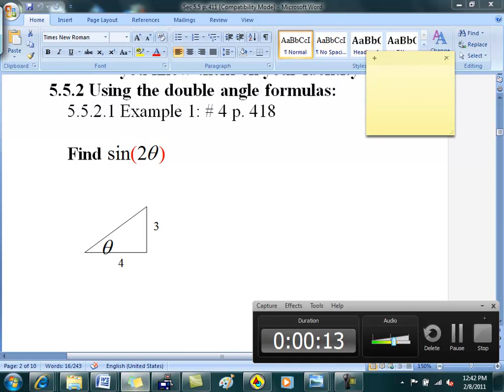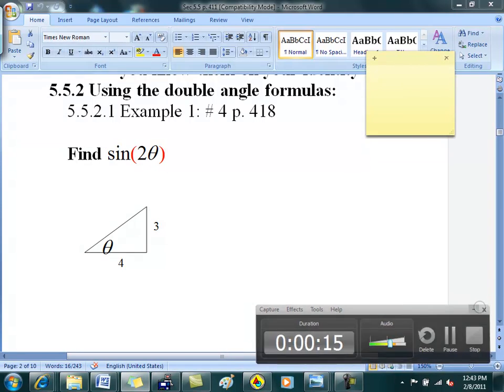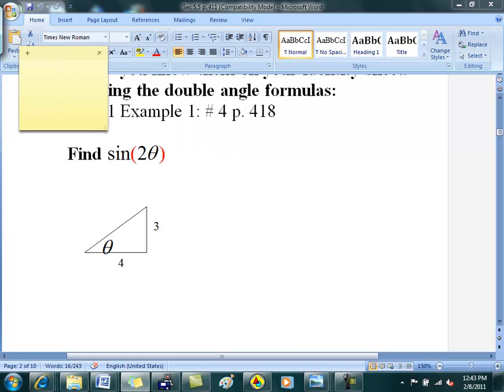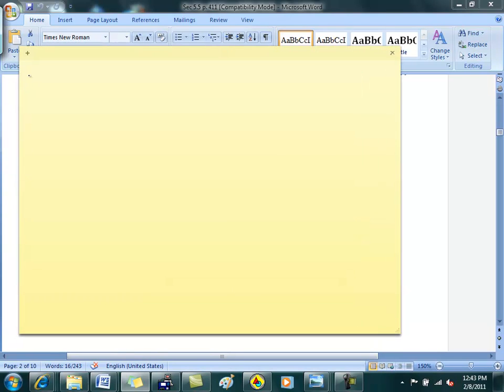All right, so I'm doing number 43, Bobby, is that right? 41. Okay. Number 41, page 384. They give you sine u is equal to negative 8 over 17, and cosine v is equal to negative 4 over 5, and they're both in quadrant 3.